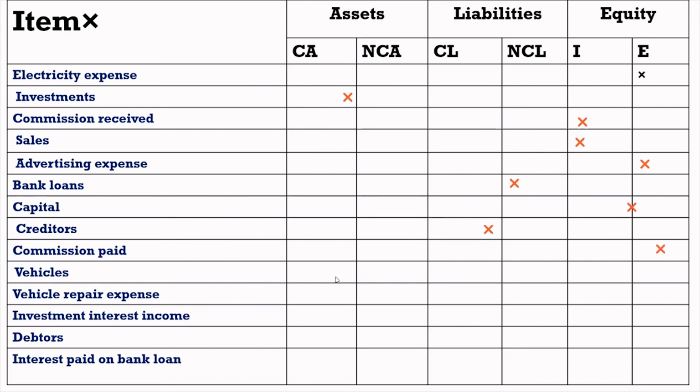The vehicles of the business, it is an asset. The repair expenses of the vehicles will be an expense. Investment interest income, it's an income, so it is coming here. The debtors of the business are a current asset, and the interest paid on the bank loan, though we wrote bank loan here as a non-current liability, the interest paid is an expense.